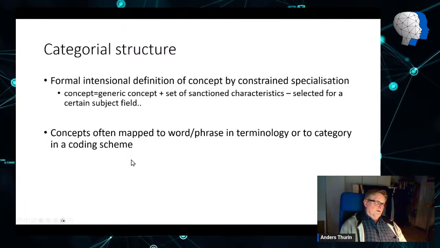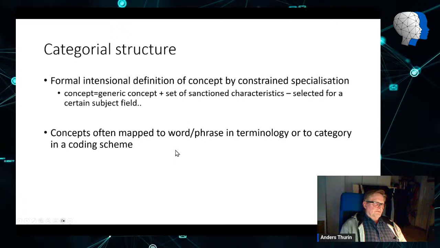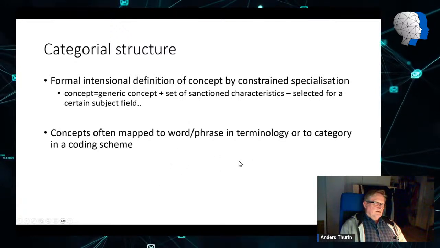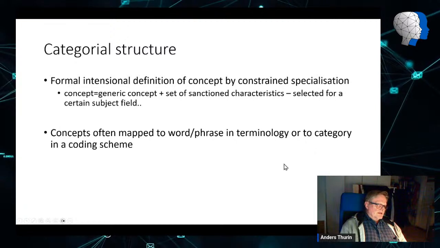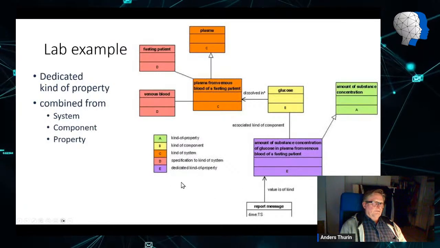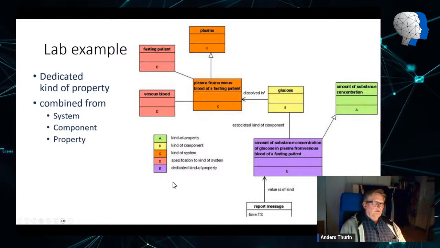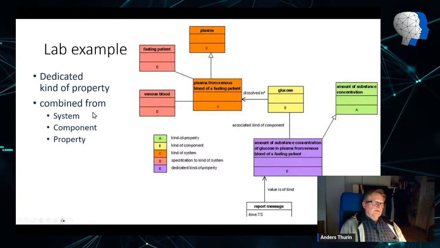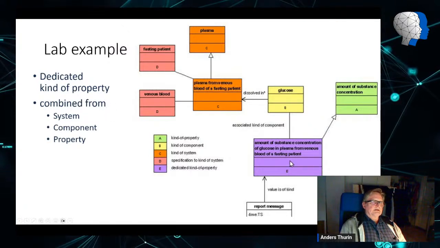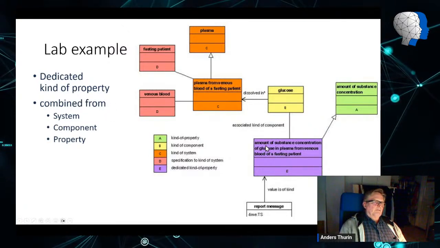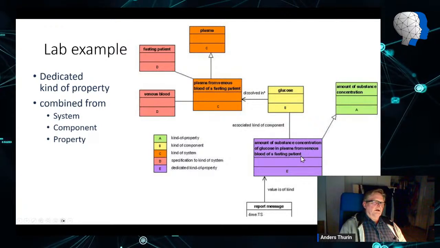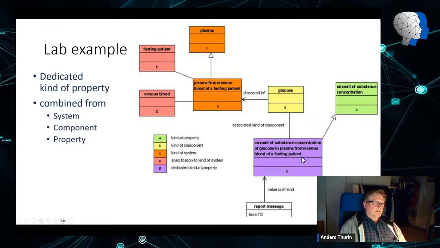Often concepts are mapped to terminology words or phrases, or to categories in a coding scheme. And here's an example from laboratory medicine. You make a dedicated kind of property, which in this case is the amount of substance concentration of glucose in plasma from venous blood of a fasting patient.